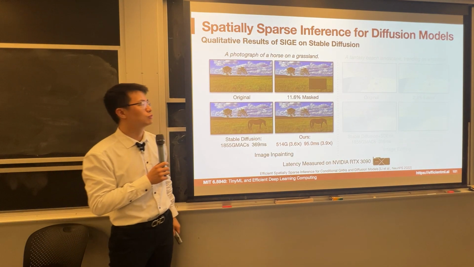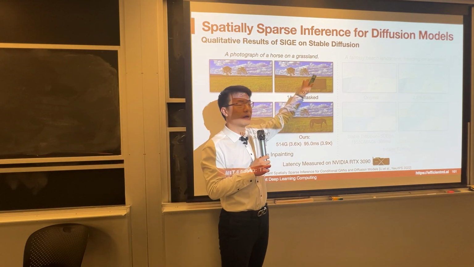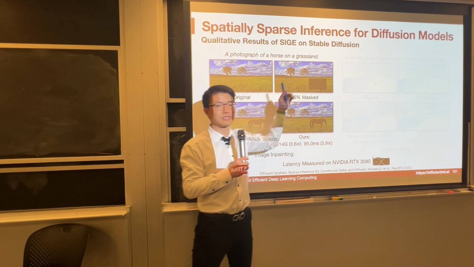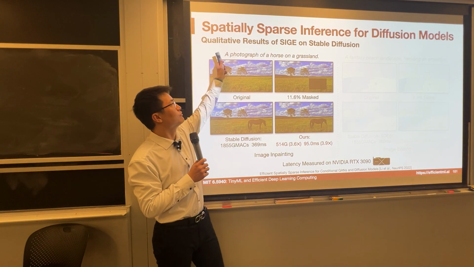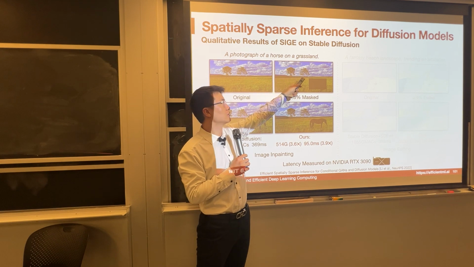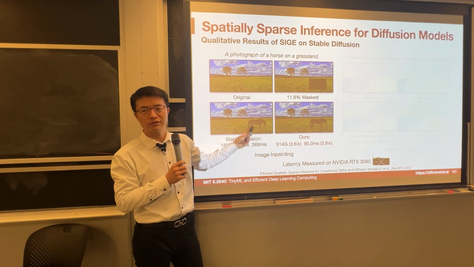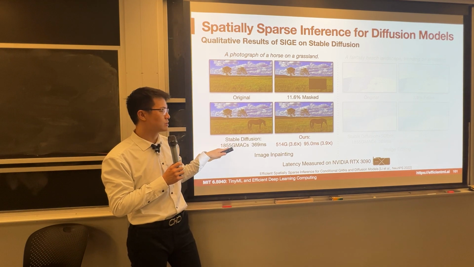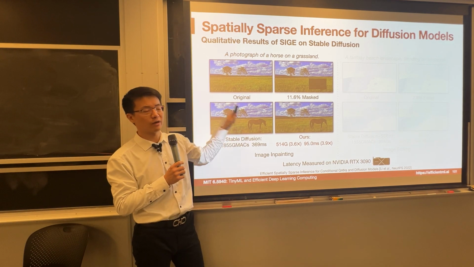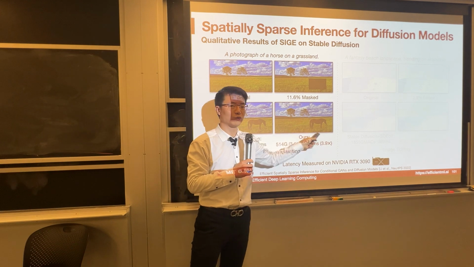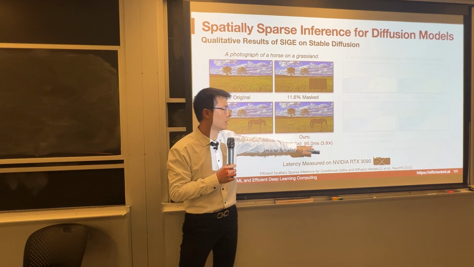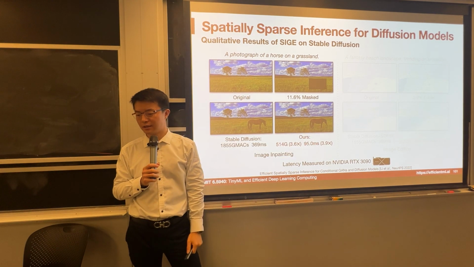So this is some cool result on image inpainting. Inpainting is saying we can paint something inside the image, like a photograph of a horse on a grassland. We want to paint a horse in the image, so it's only a portion of the pixels. But original stable diffusion requires changing everything. Now we only change where it gets edited, saving almost 4 times the latency.